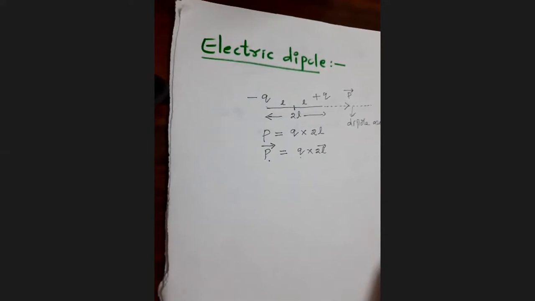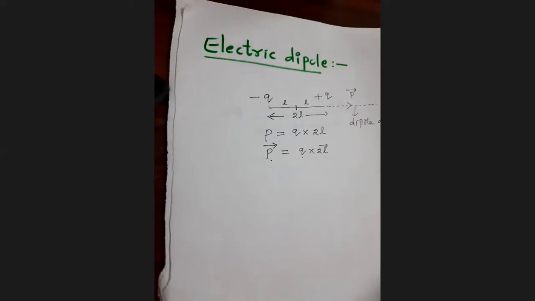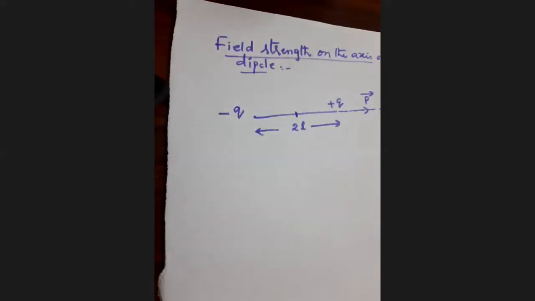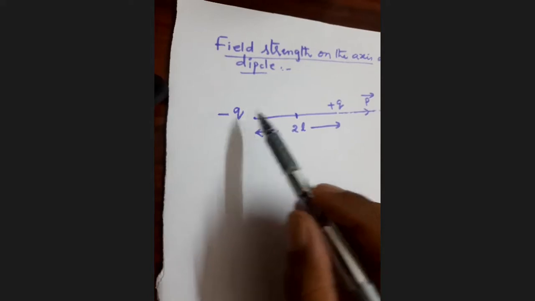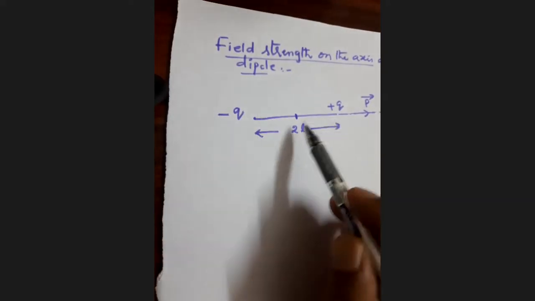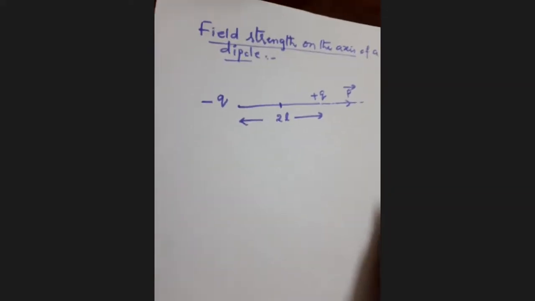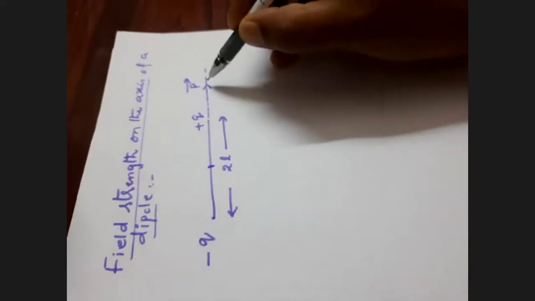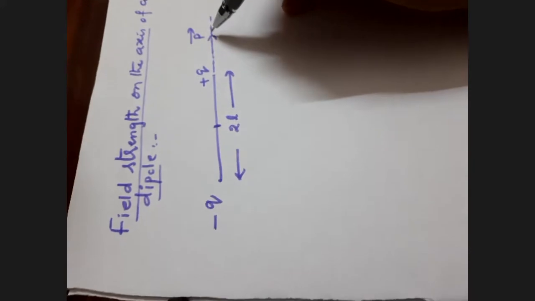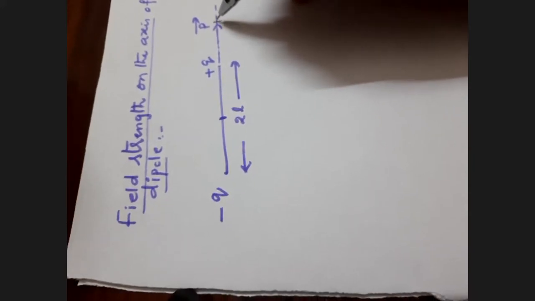Okay. Now, how to calculate the field strength on the axis of the dipole? So consider minus q and plus q, which are at the distance 2L, right? Now I am considering the point P here.